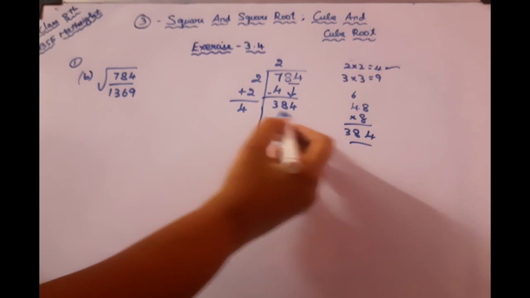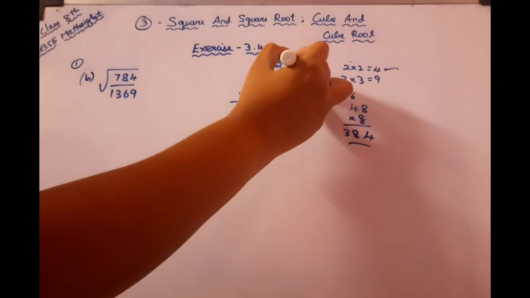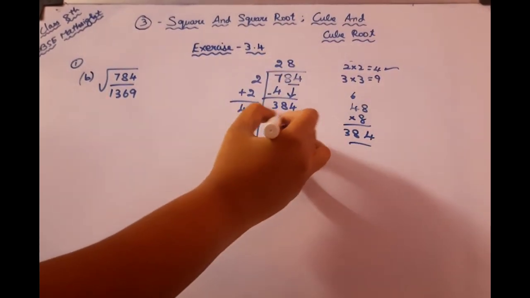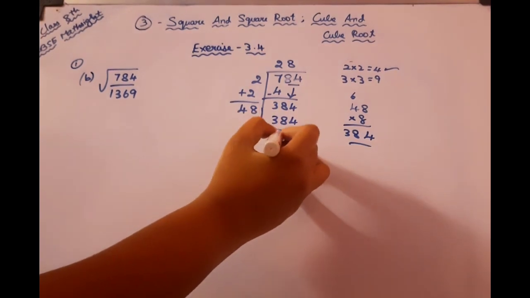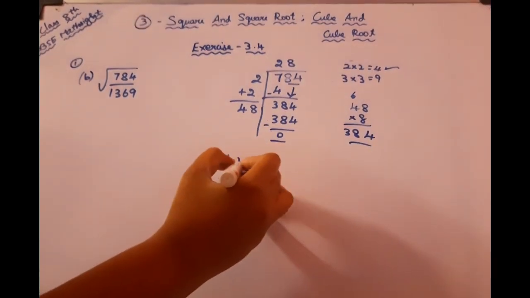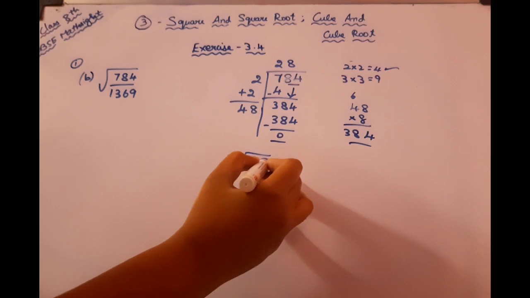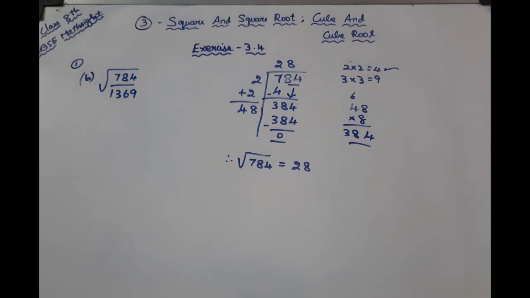So we get the exact value. So we substitute 8. 48 into 8 is 384. When we subtract we get 0. Therefore the square root of 784 is equal to 28.